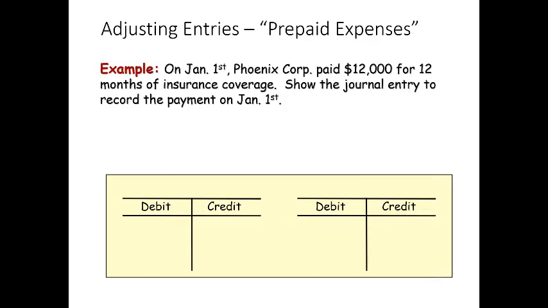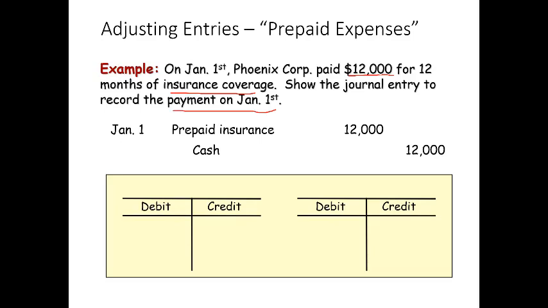Here's an example. On January 1st, Phoenix Corp pays $12,000 for 12 months of insurance. Show the journal entry to record the payment on January 1st. So on January 1st, we're just going to record the prepaid insurance as an asset for $12,000.